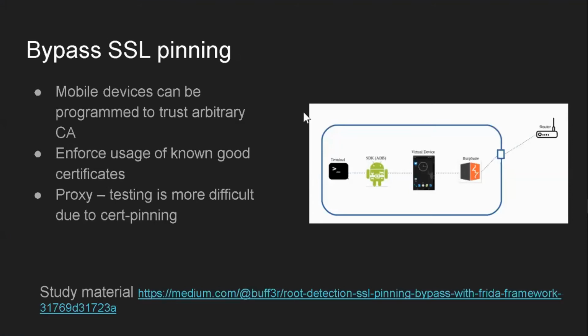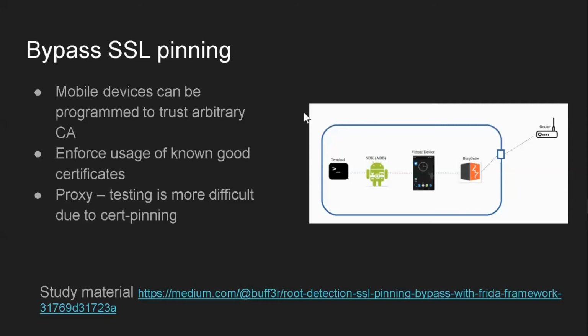So SSL pinning means that when an application executes, let's say like Waze, it will connect to a remote API in order to do the operation that we needed. And in order for that operation to take place securely, the whole exchange between the application and the API has to be encrypted.